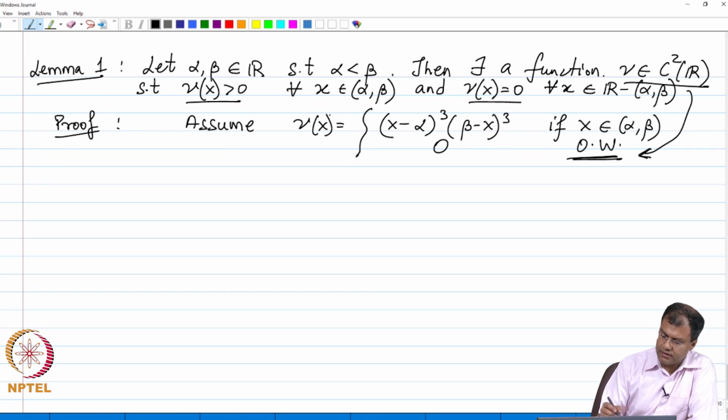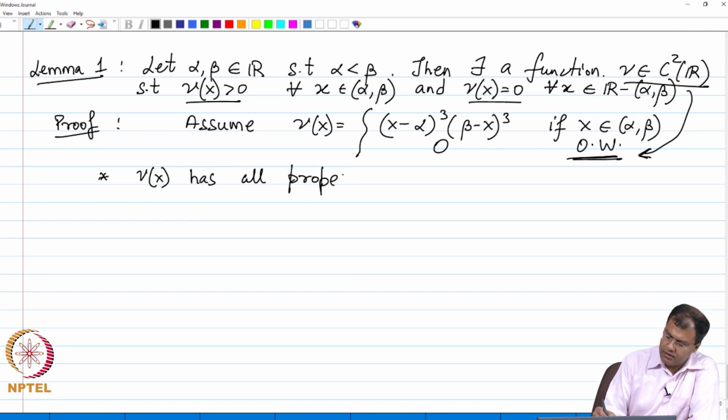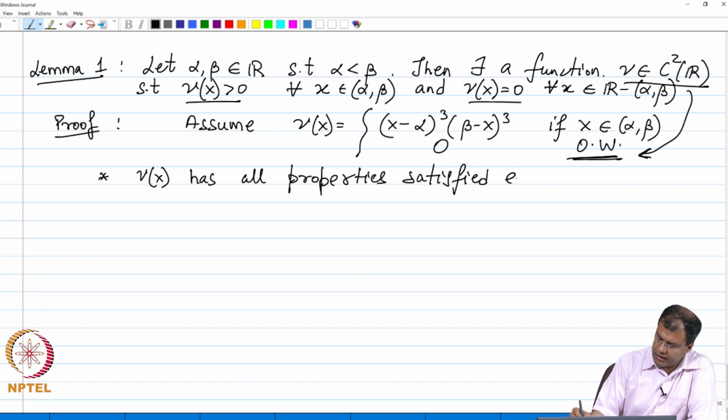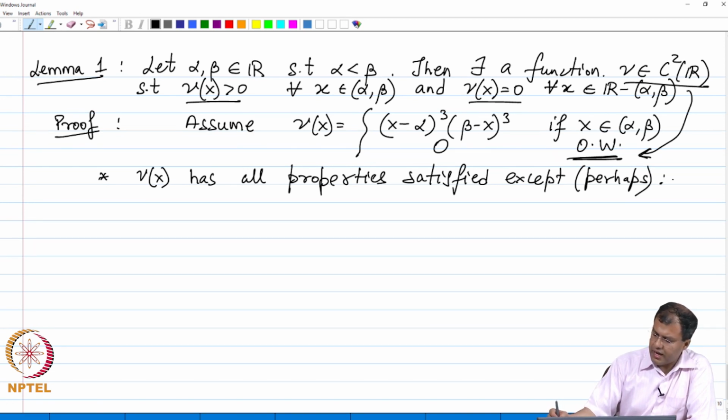Okay. So, as I just said, nu of x has all properties satisfied except perhaps that nu is not second order differentiable.